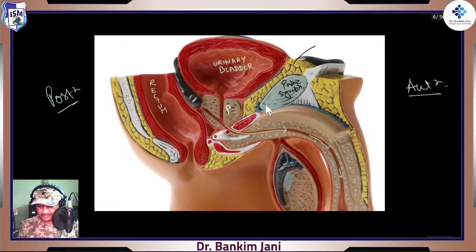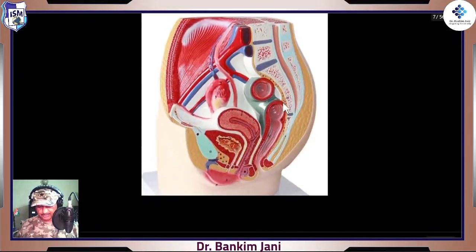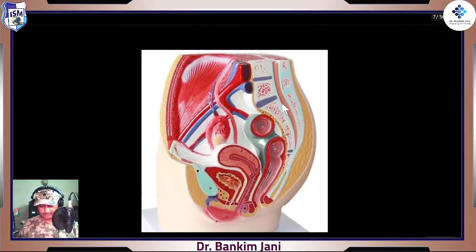And see, there is that suprapubic fat, right? So in case of male, this is pretty easy, but this is how it's arranged in case of female, right? Watch the reference. This one, that is the urinary bladder.